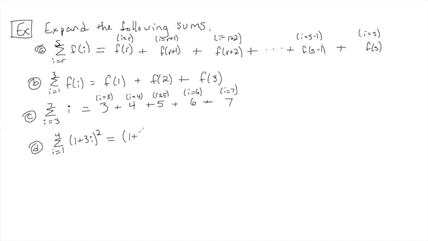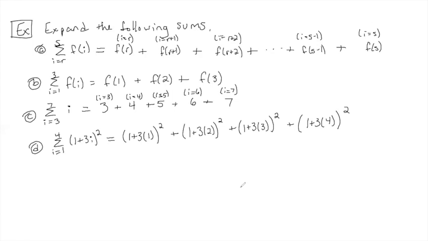I get 1 plus 3 times 1 squared, plus 1 plus 3 times 2 squared, plus 1 plus 3 times 3 squared, plus 1 plus 3 times 4 squared. I could expand this and simplify and so on, but I'm just showing how you expand everything.